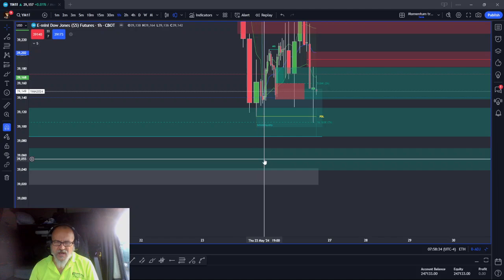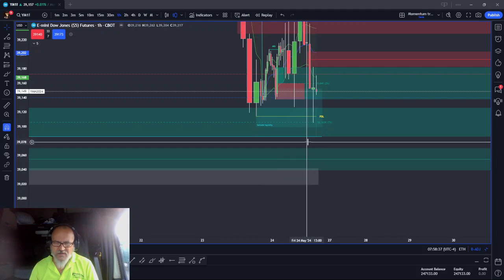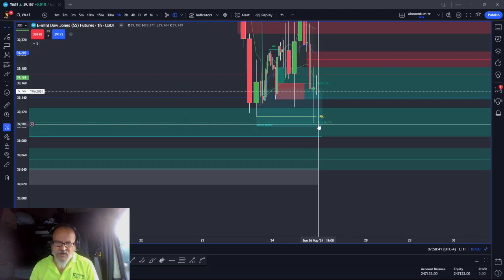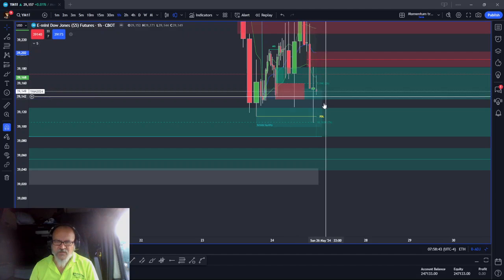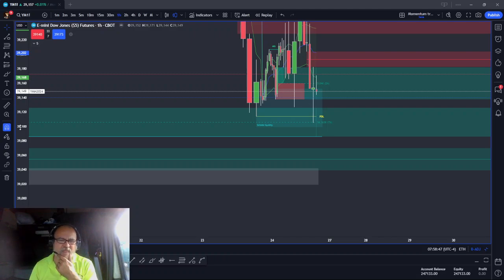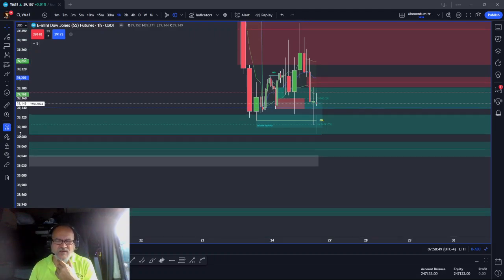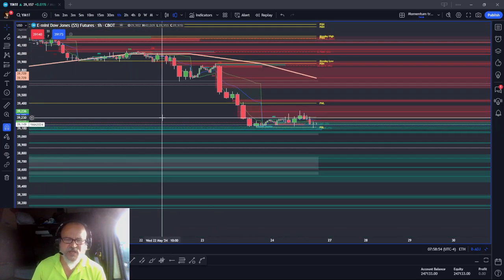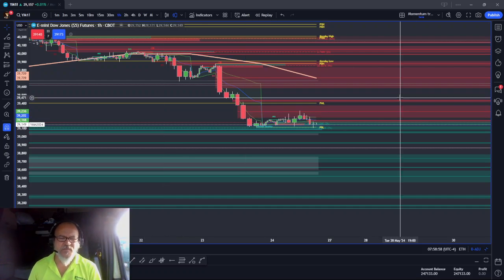Not quite all of it, but pretty close. So we definitely could pull back down on Tuesday. We'll get to the 5 minute in a minute.